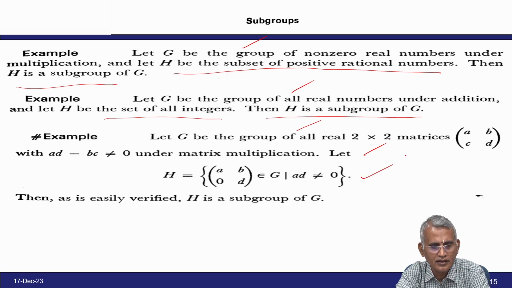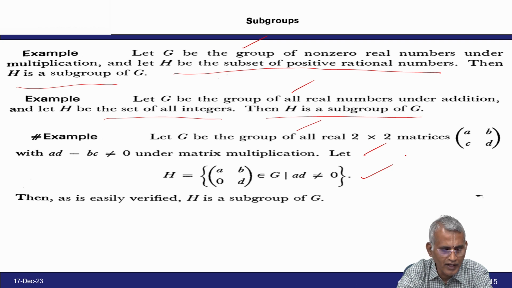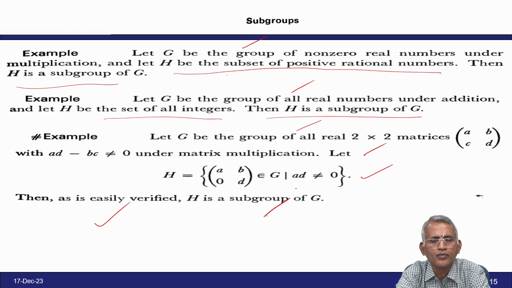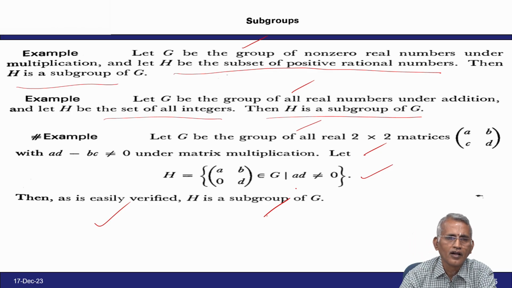Now you see that G is a group and H obeys the properties of closure as well as inverse. It is easily verified that H is a subgroup of G, because the inverse of the matrix exists.